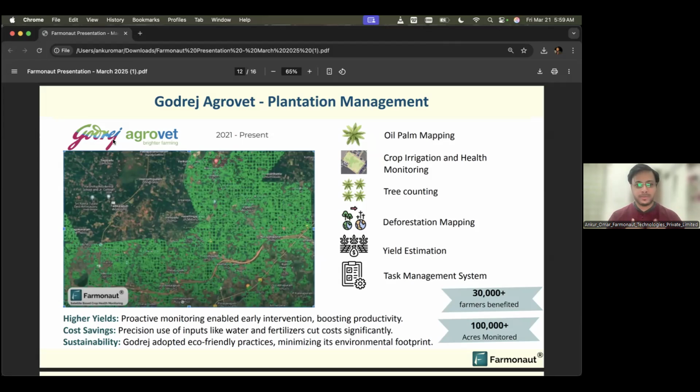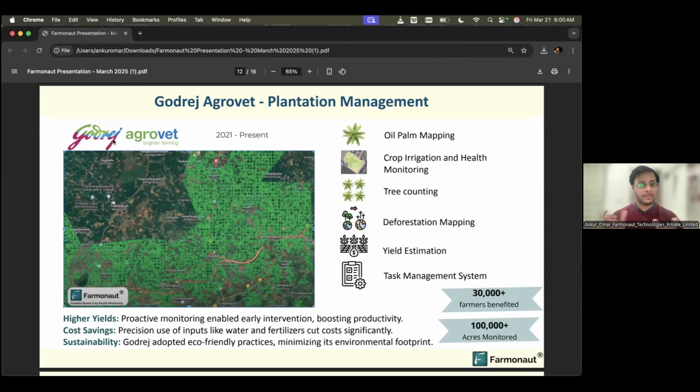So using high resolution satellite data, we let them know through our analysis how many trees are present on every farm, and because this plantation has an average of around 140 to 145 trees in every hectare, if there are farms where this average is not maintained, they can filter out those farms, maybe contact the farmers directly and identify why the number of trees is not as expected on average, what the issue is, and ensure that if any replanting needs to be done, they help the farmer to actually do that replanting.